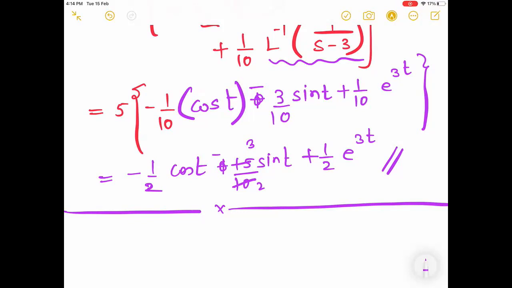So let us see 1 or 2 examples in which differential equations are solved with the help of Laplace transform. Okay.